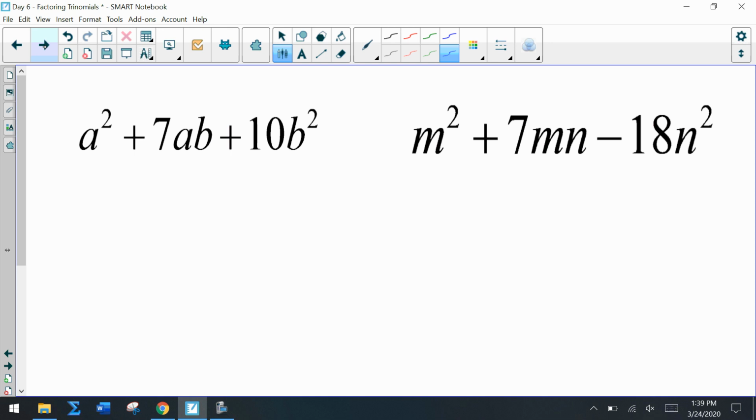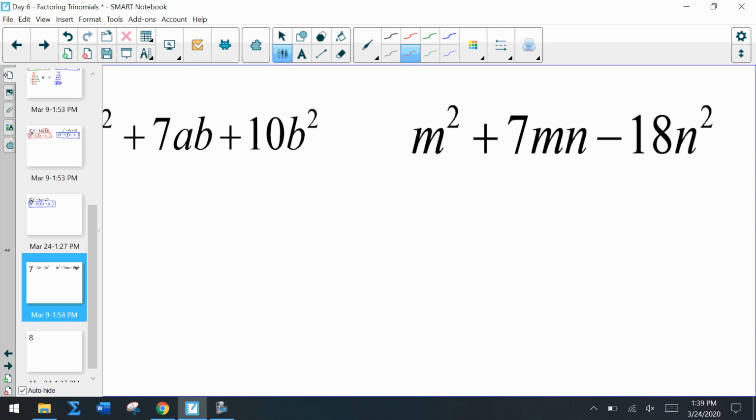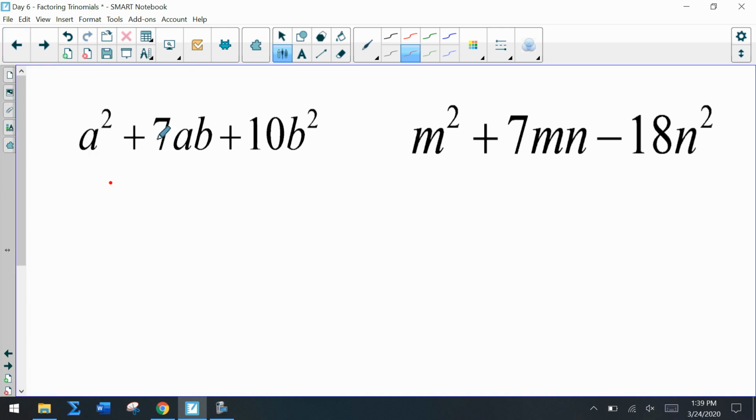So this one here, we have multiple variables. We have a squared, and then we also have b squared at the end. But what if we just forgot this b was even there?